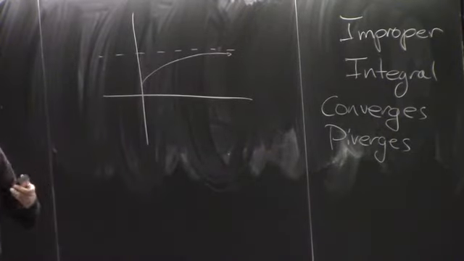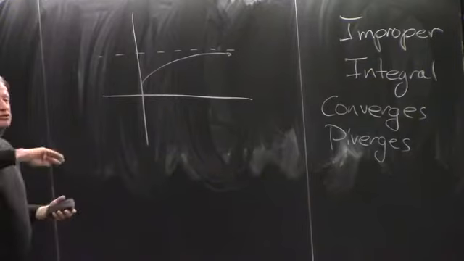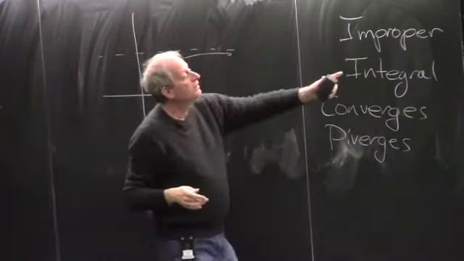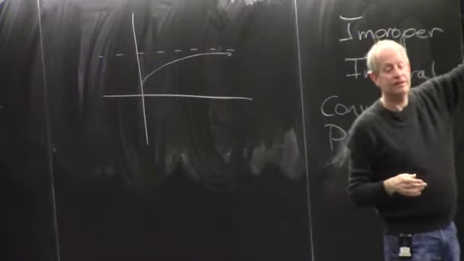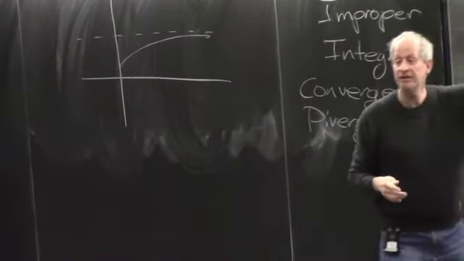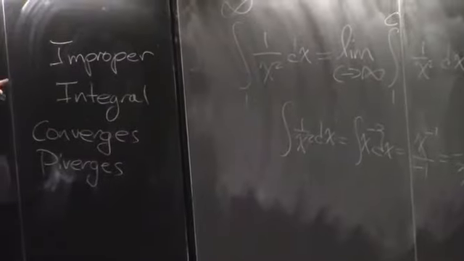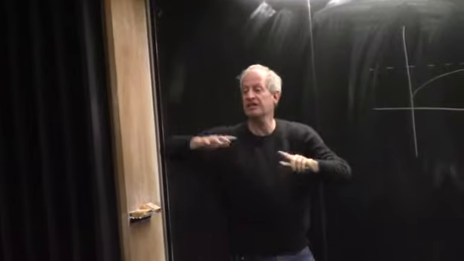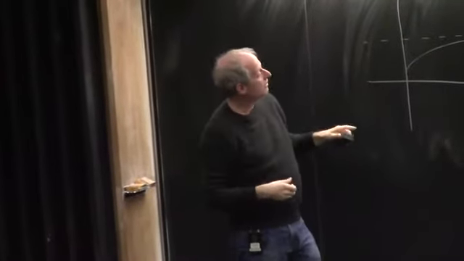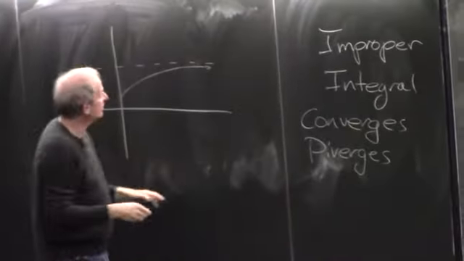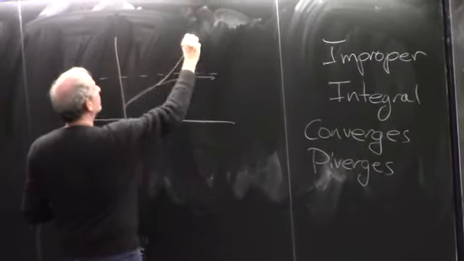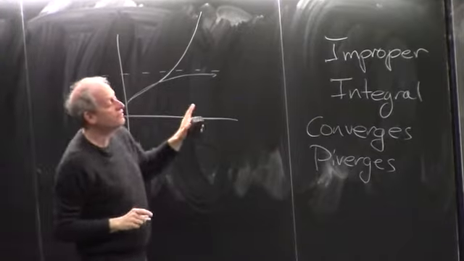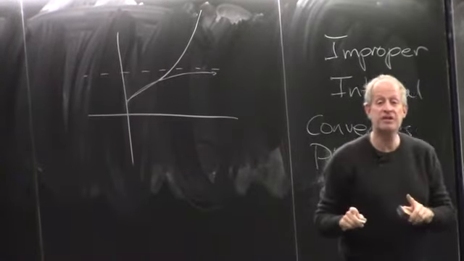So if you did from 1 to a trillion, you'd get very close to 1. If you did 1 to a googol, you get really close to 1, but you wouldn't actually get to 1. You just get lots of 0.9999s all the way out. If it diverges, that means the area just gets bigger and bigger. So you really just need to figure out, does it converge or does it diverge?